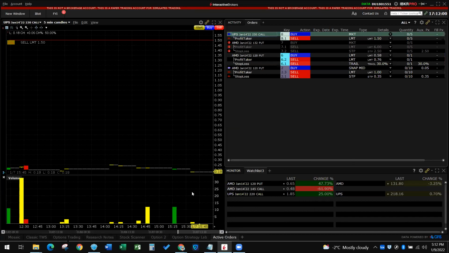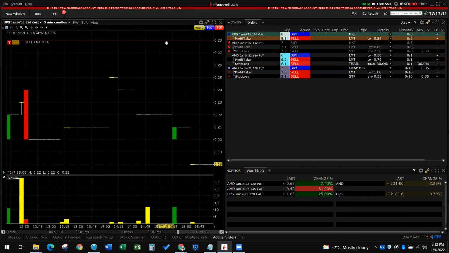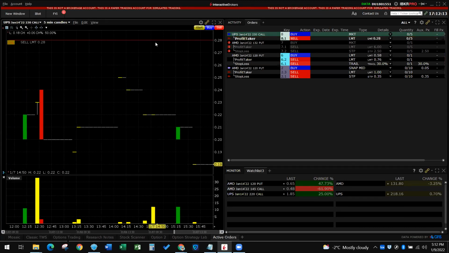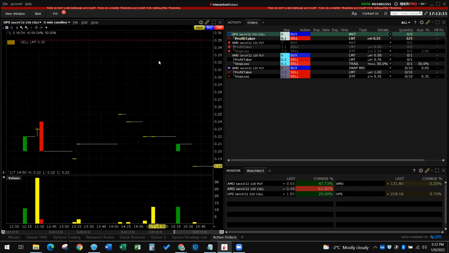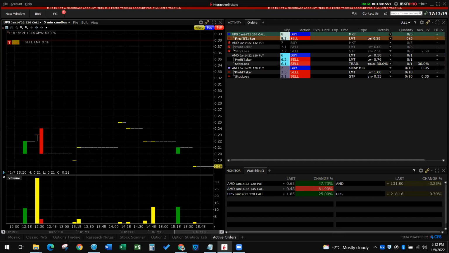Okay, when it gets triggered and buys the option for me, I can manage this profit target by just moving this line, and it will automatically be transmitted in the system. So I'm going to put the target much higher.